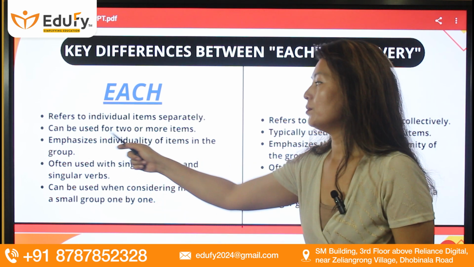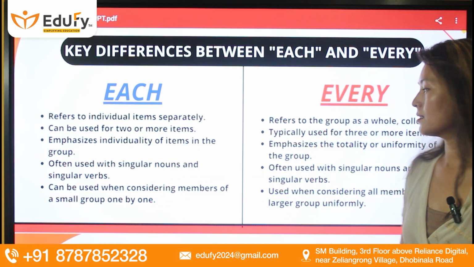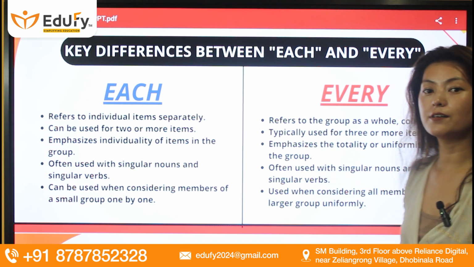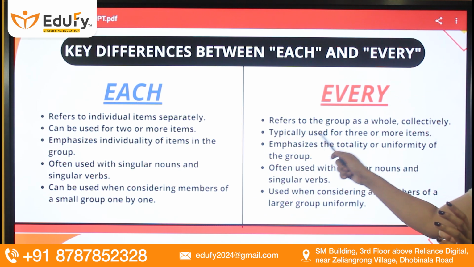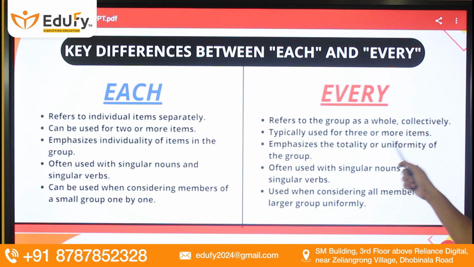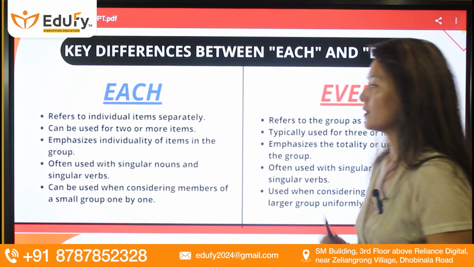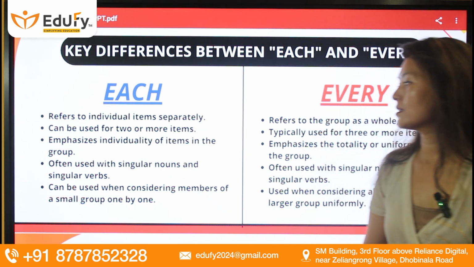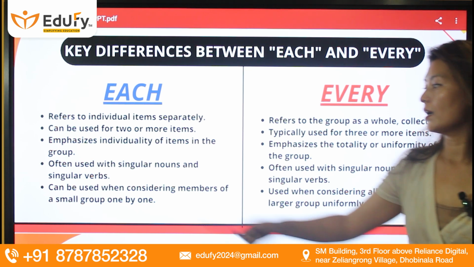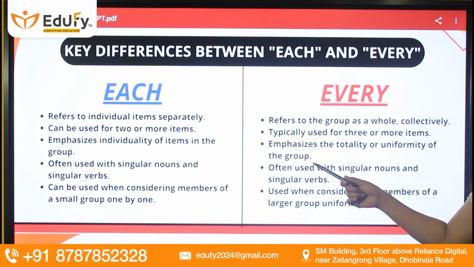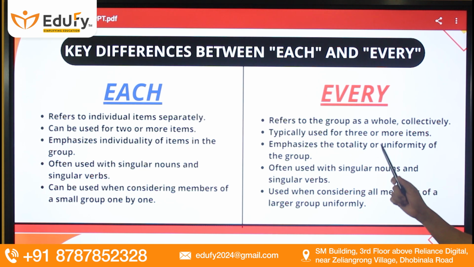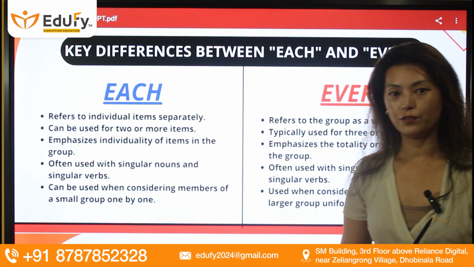Next, each can be used for two or more items. For every, it can be used for three or more items. Similarly, each emphasizes the individuality of items in the group. Here we look at the emphasis on totality or uniformity of the group.